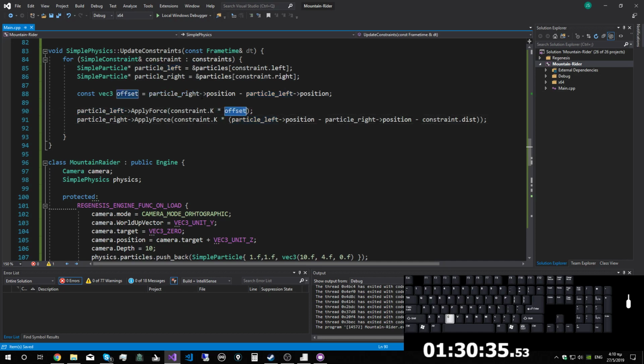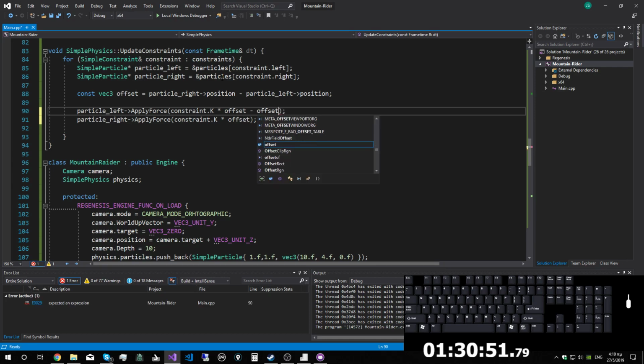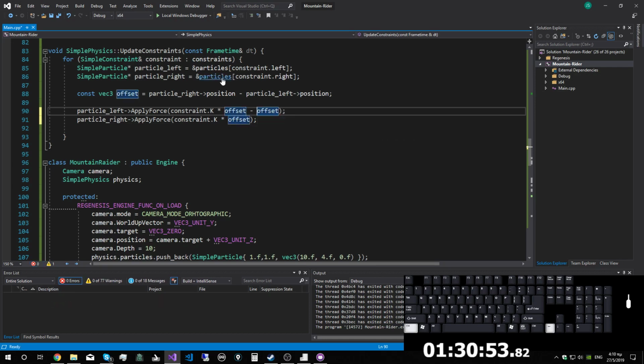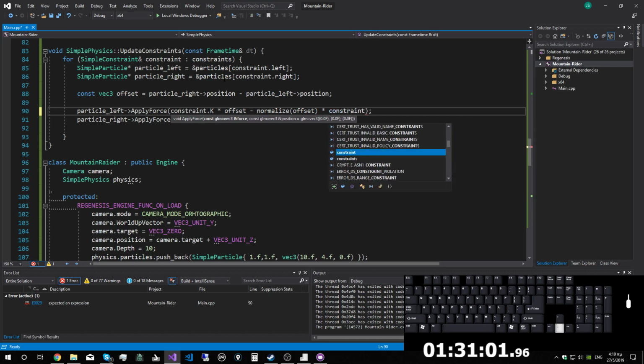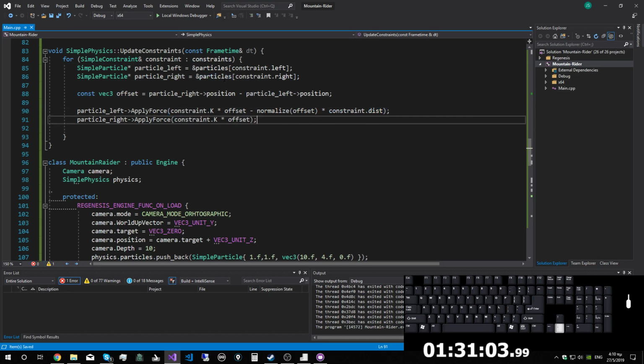And we need to do the opposite here, minus that offset, right? Minus the offset, the normalized offset, times the constraint distance.